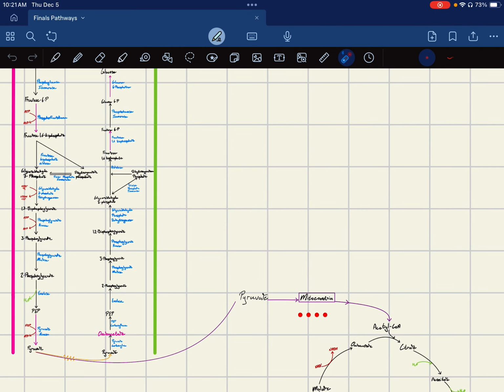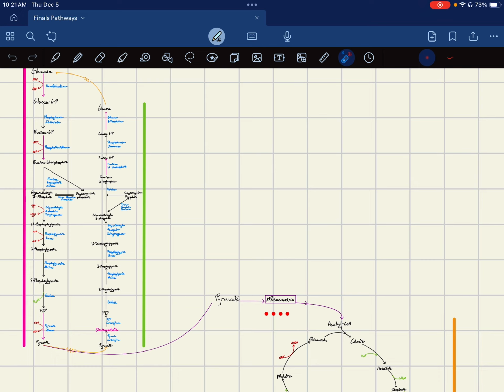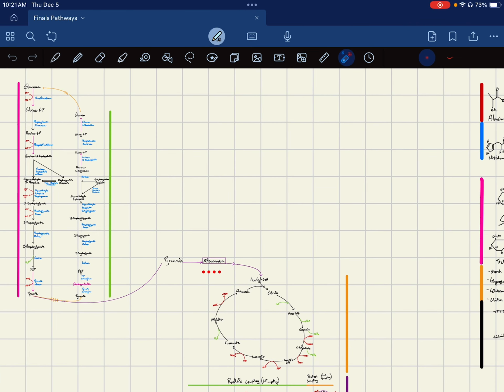Looking at the end here at this pyruvate, depending on the body's needs, if we're in an energy deficiency, we'll send that pyruvate back over to gluconeogenesis to convert it back into glucose. Versus if we're in a surplus, like you just ate a big meal and have a bunch of glucose and energy entering your body to be used, we can send it over to the Krebs cycle over here.